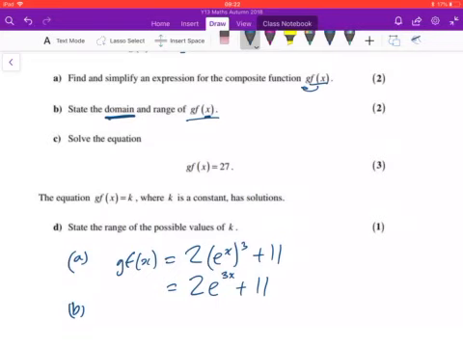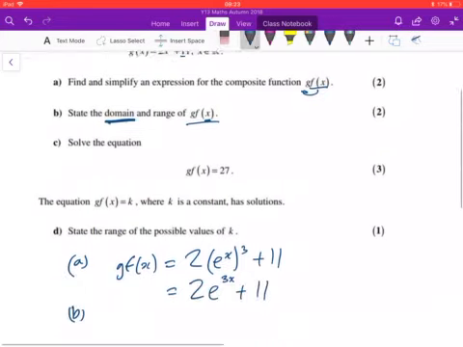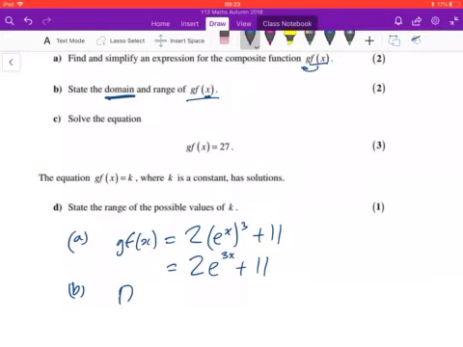Well, because f of x has a restricted domain, you can see here, what this means is that this is going to alter the domain for this function. So the domain is going to be x is more than 0. This is taken from f of x.